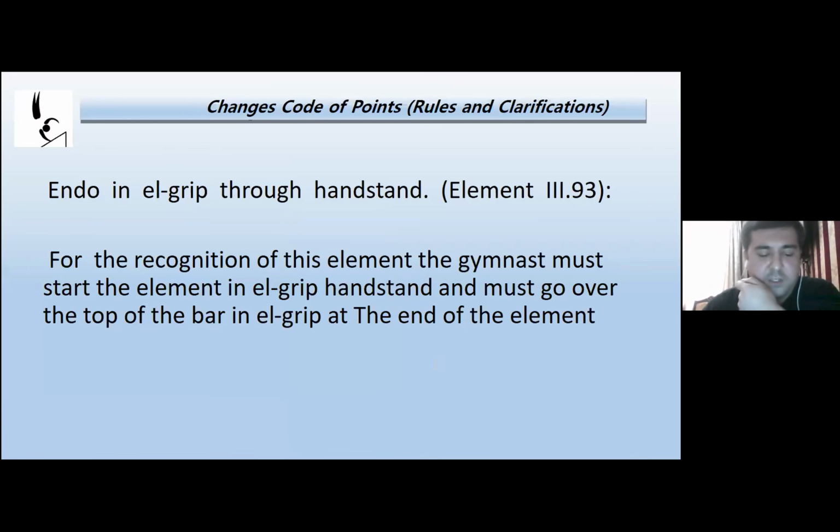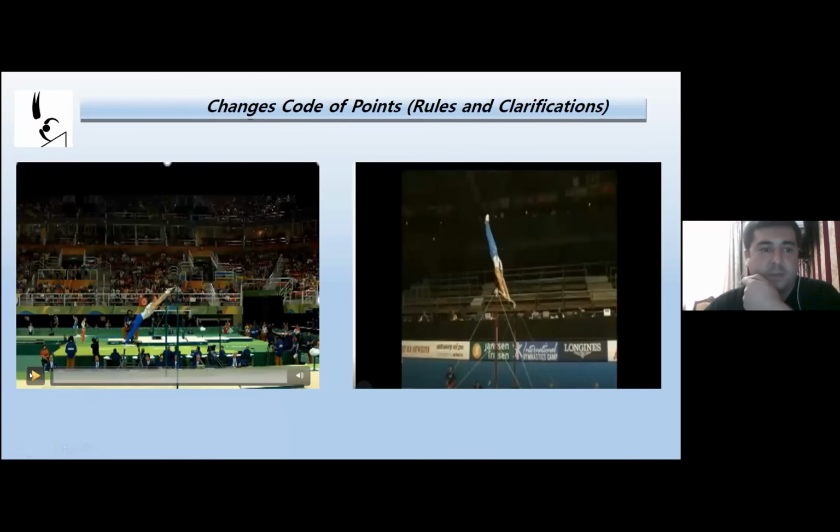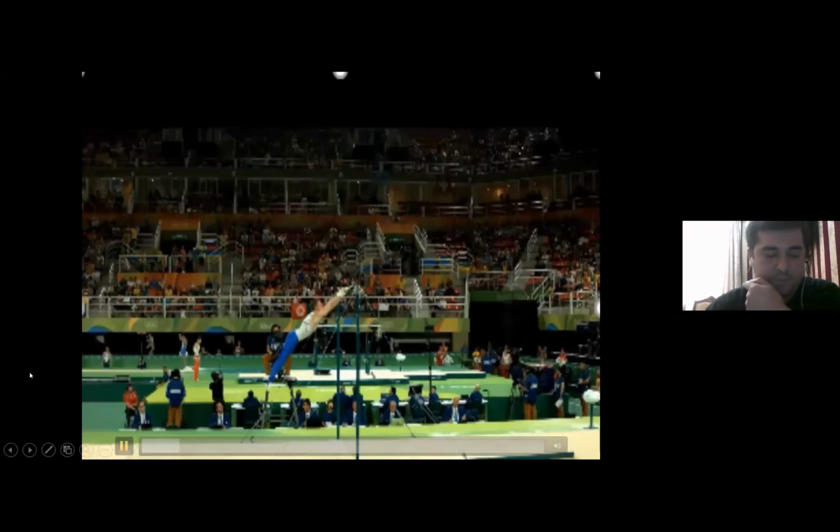Also, any change for endo in L grip through handstand. For the recognition of this element, the gymnast must start the element in L grip handstand and must go over the top of the bar in L grip at the end of the element. For example, video.